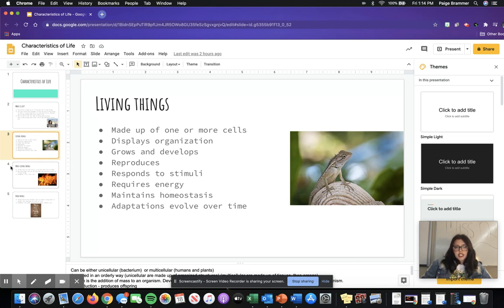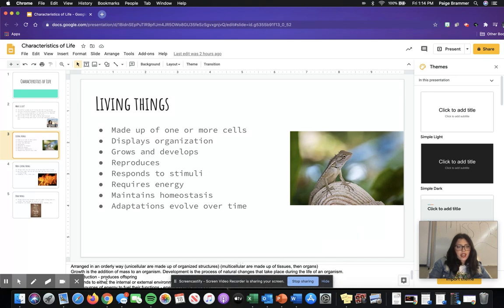Another characteristic is it displays organization, and that means that it's arranged in an orderly way. So when you're dealing with like a unicellular organism, that single cell is made up of organized structures. Whereas multicellular things, and we'll talk about this later in the semester or the year, when you have a group of cells that are together, that makes up tissues.